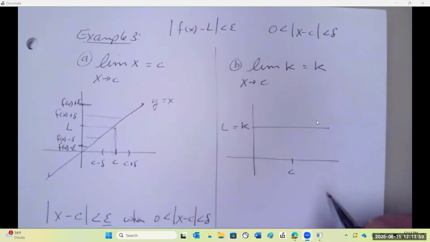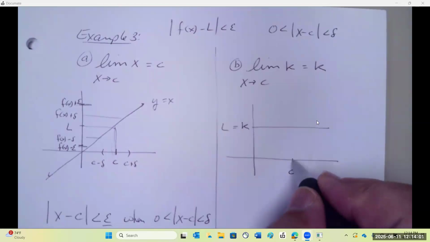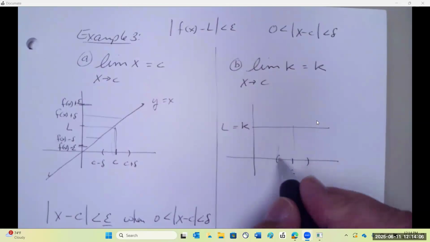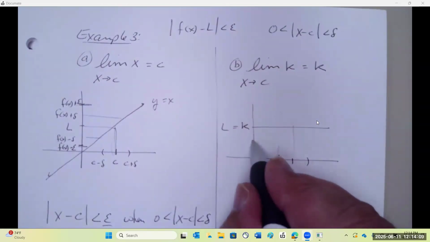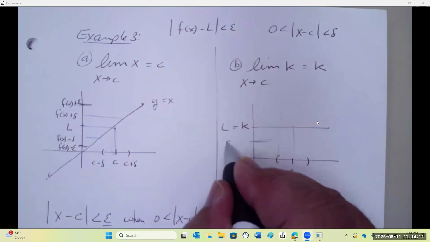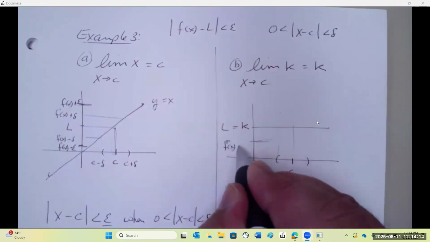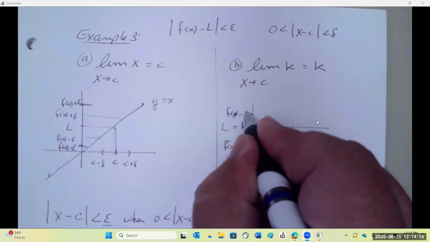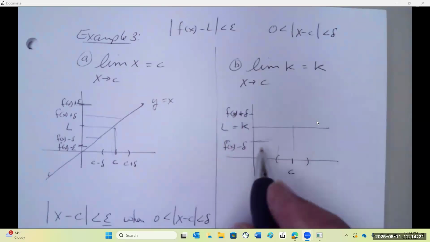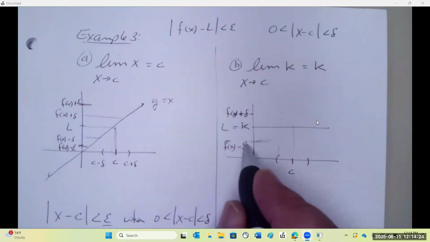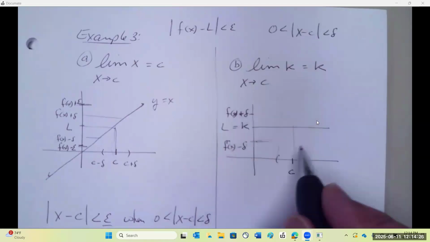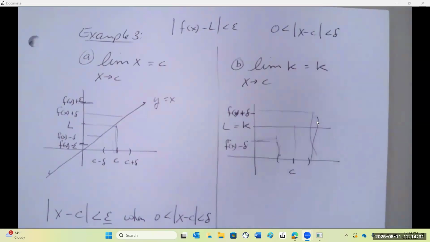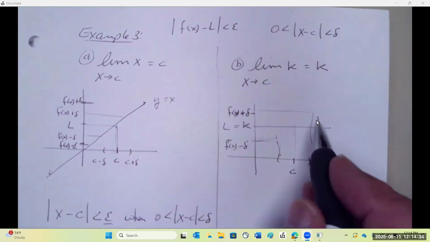So no matter what c value we take, our interval, if I take our function minus delta, our function plus delta, we are going to be within this bound. It's always going to exist because it's a constant function.